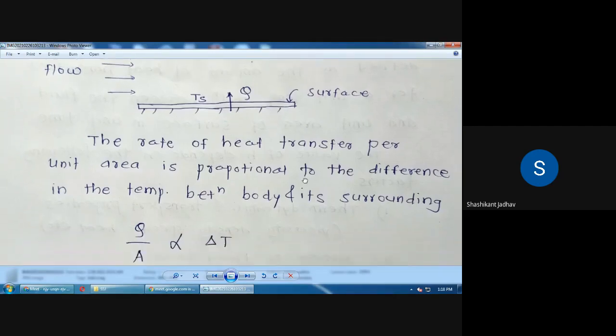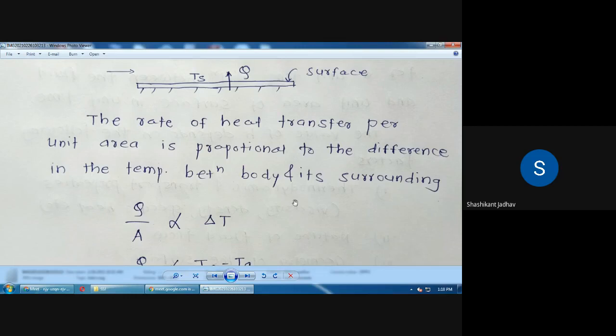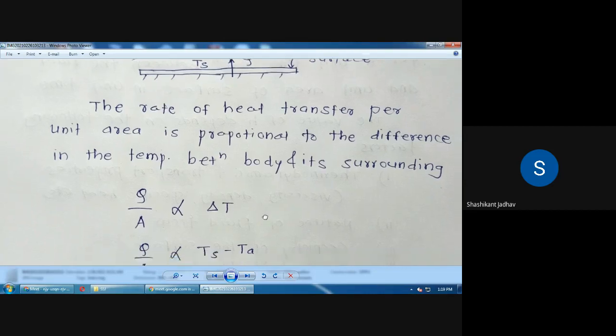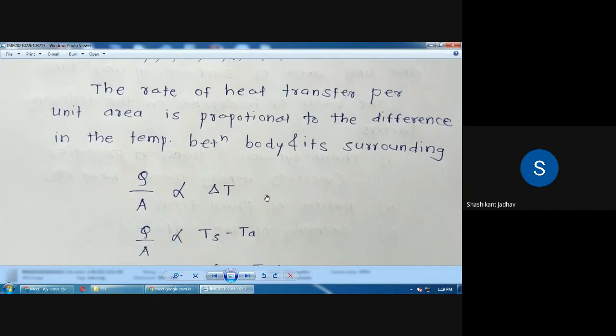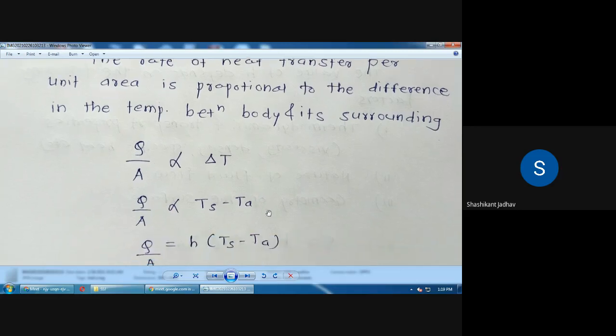So from that, write down this statement in the form of an equation. Rate of heat transfer per unit area, Q by A, is directly proportional to the temperature difference, delta T. That delta T is nothing but body temperature minus surrounding temperature, so Ts minus Ta. So Q by A is directly proportional to Ts minus Ta.